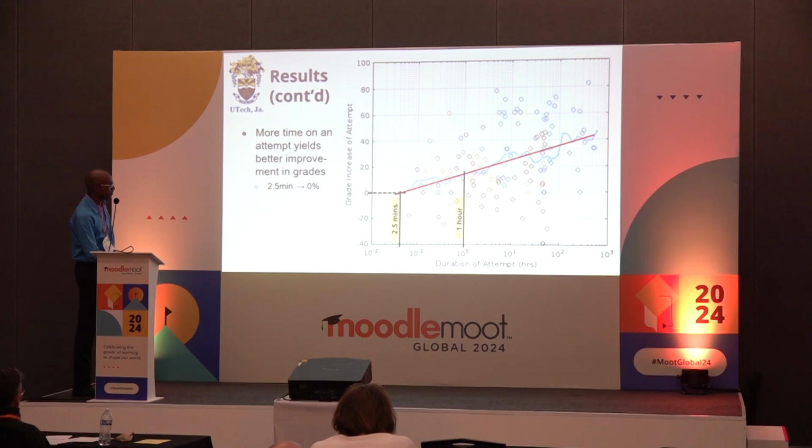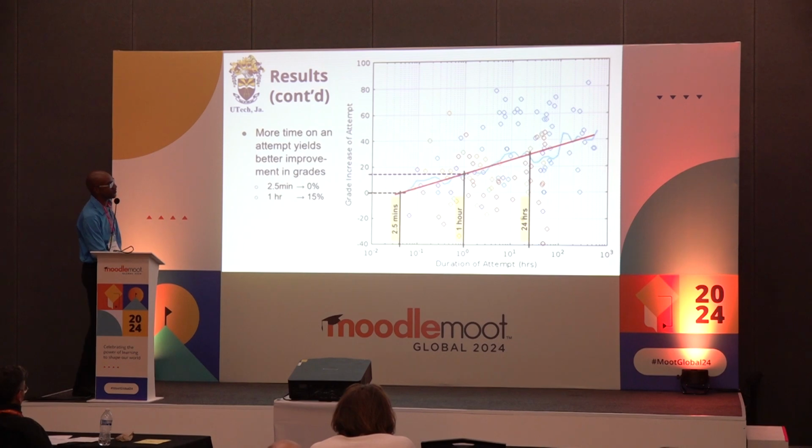Let's say they gave themselves an hour to do an assignment. Their grade goes up by about 15%. That means if the previous grade was 40 and they gave themselves an hour to try again, it will go up to 55, on average.